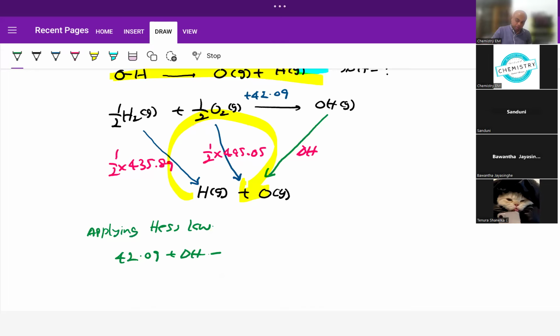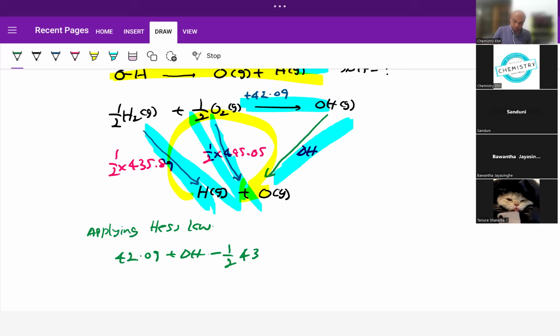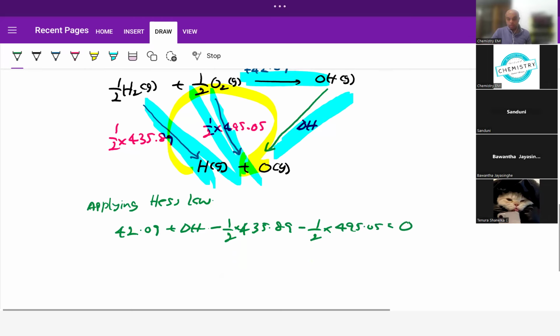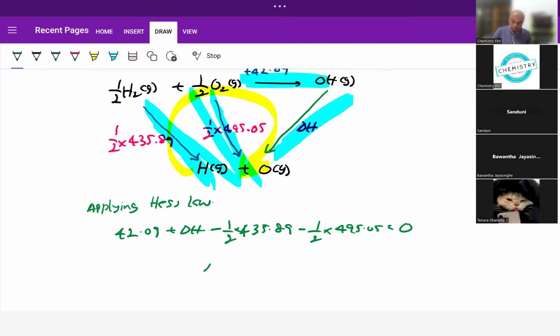This one is positive because it's in the moving direction, and these two are negative. So negative half into 435.89 minus half into 495.05, which is equal to 0. Then you can do the math and get the answer for delta H.